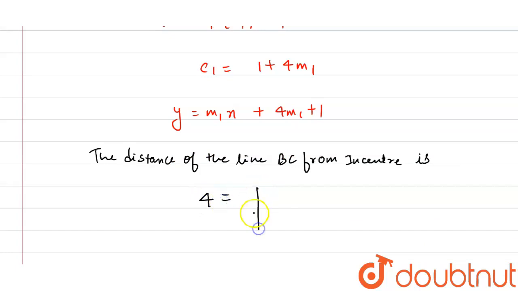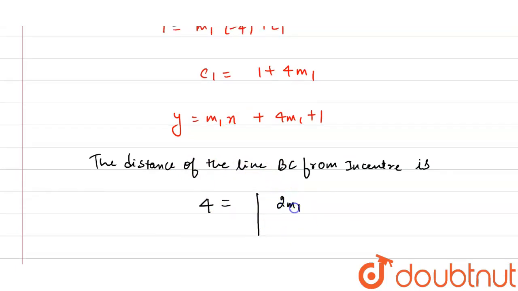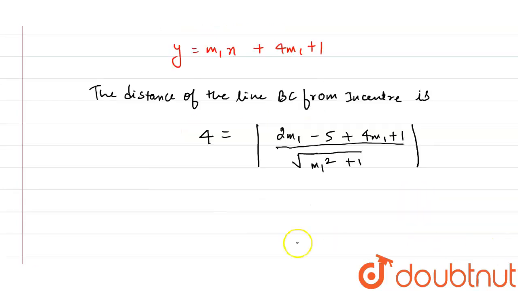If we put the value 2, 5 into this equation, we get 2m1 minus 5 plus 4m1 plus 1, divided by the square root of m1 squared plus 1, that is m1 squared plus minus 1 squared, which becomes plus 1. And this is the distance, so it will be positive, that's why there is a mod.